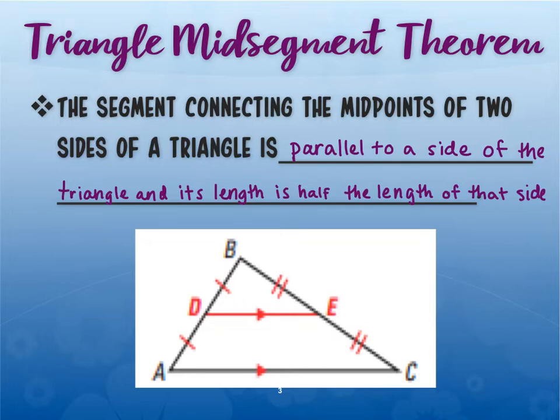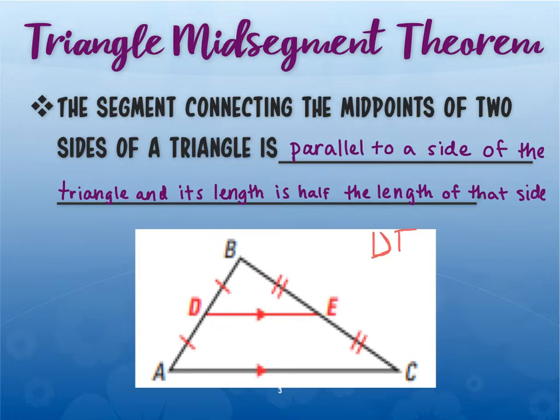The triangle midsegment theorem states that the segment connecting the midpoints of two sides of a triangle is parallel to a side of the triangle and its length is half the length of that side. So in this triangle, what is our midsegment? DE.